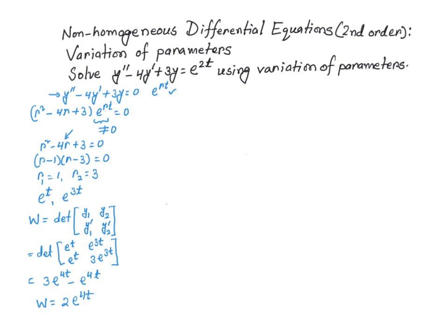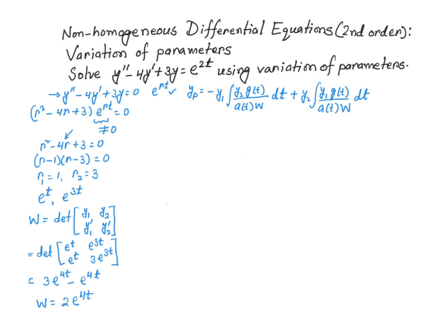So y sub p is going to be equal to negative y1 times the integral of y2 times g of t, all of it divided by a of t times W, integrated with respect to t, plus y2 times the integral of y1 times g of t, all of it divided by a of t times the Wronskian, integrated with respect to t.